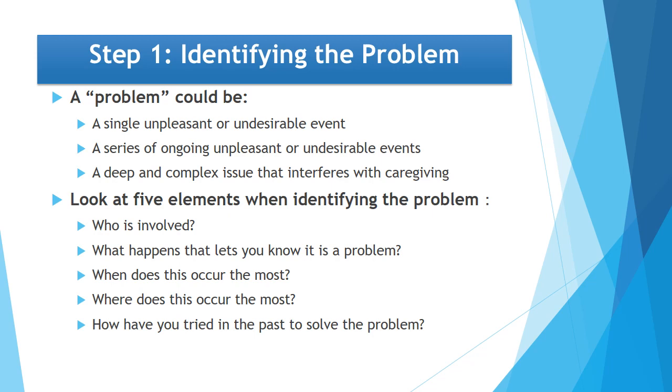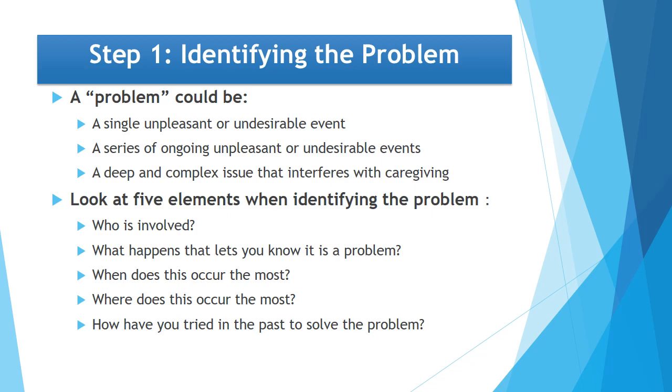Next, when does it occur the most? We have to discuss how often it occurs and in which time period. Then we have to analyze where it occurs the most. For example, we may have the relationship problem in the family or in the work sector, so we need to understand where it occurs the most.